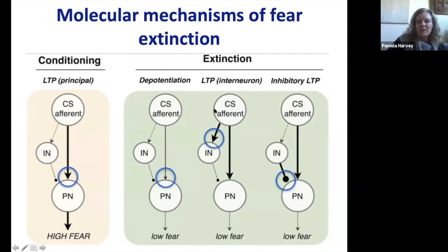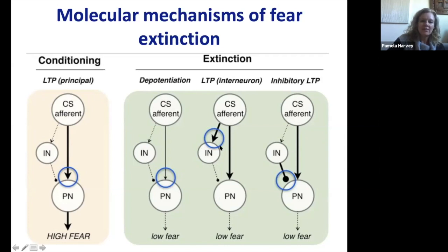And then there could be LTP at the interneuron. And this is a different way of thinking about LTP, where this synapse between the sensory afferent and the interneuron is strengthened. And because it's strengthened, it means that there's an increased probability of that interneuron firing. But instead of firing in a positive way, this is an inhibitory neuron.